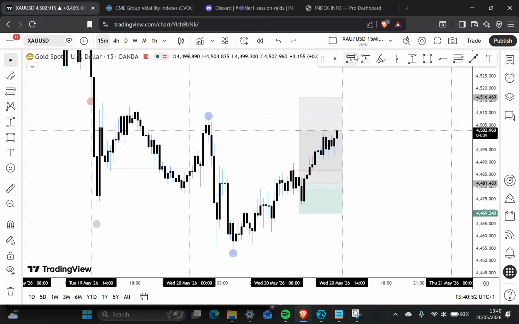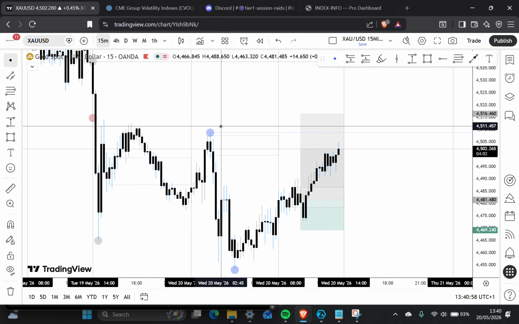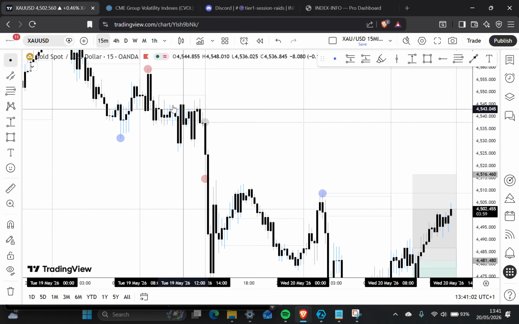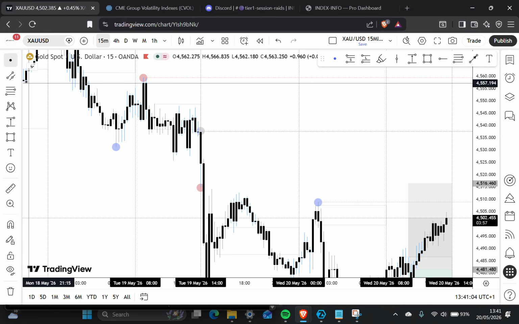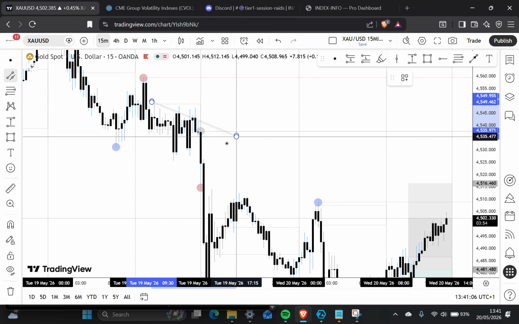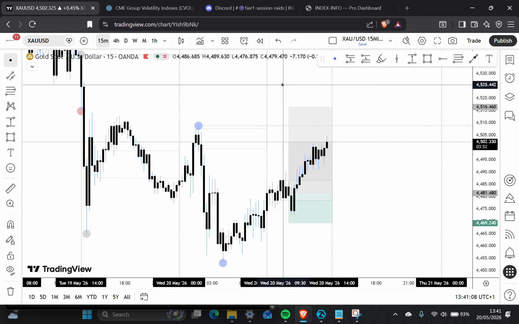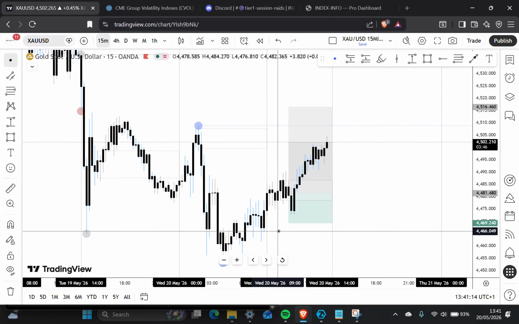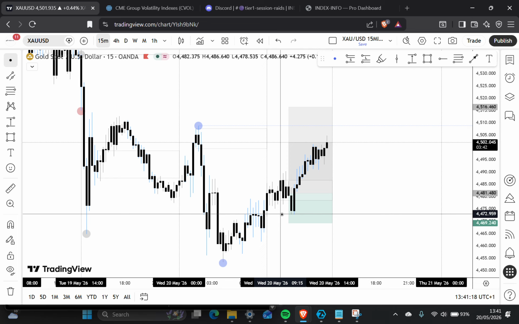How is that going to help us when it comes to Asia and London inverse, or New York and Asia inverse, or London and New York inverse? Well, I look at Delta's location. Delta sits over here, 9:15. This is your Delta candle, 9:15.